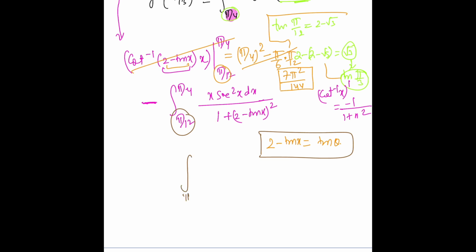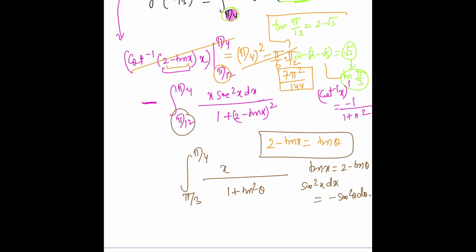So that becomes pi by 3, and pi by 4 is still pi by 4. And we have the denominator as 1 plus tan square theta, with x times secant square x dx. We can write tan x as 2 minus tan theta. So secant square x dx is minus secant square theta d theta.